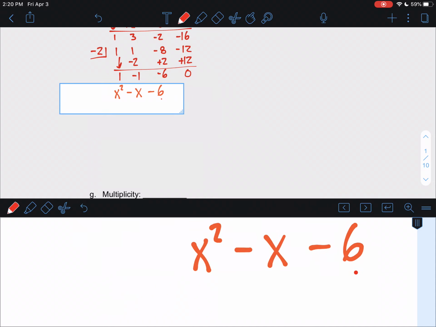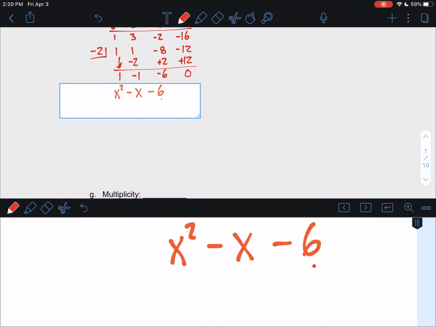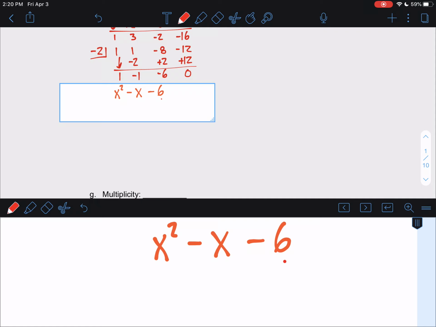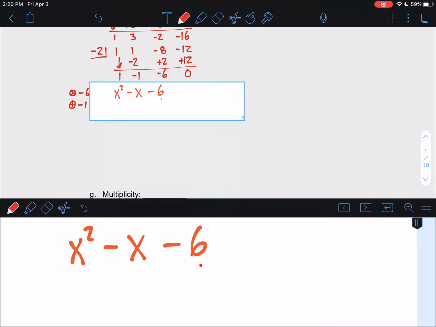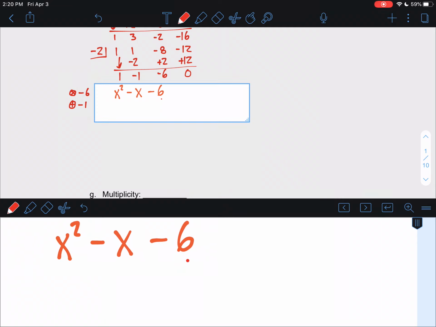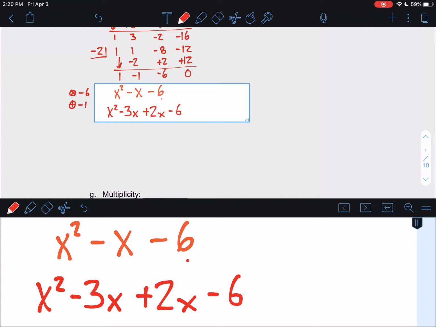So I am looking with this quadratic for 2 numbers that are going to multiply to be negative 6, and they're going to add to be negative 1. Two numbers that multiply to be negative 6 but add to be negative 1. That is going to be negative 3 and 2. So x squared minus 3x plus 2x minus 6.